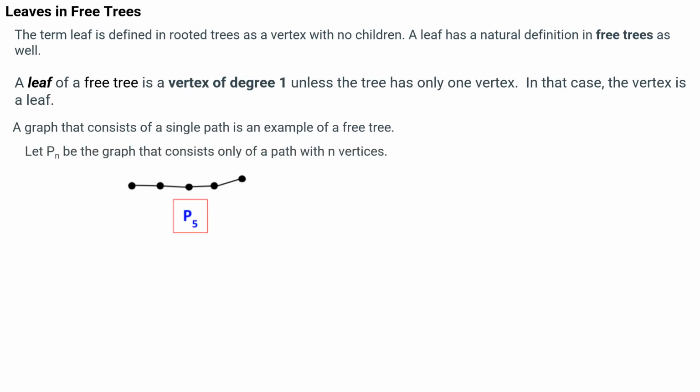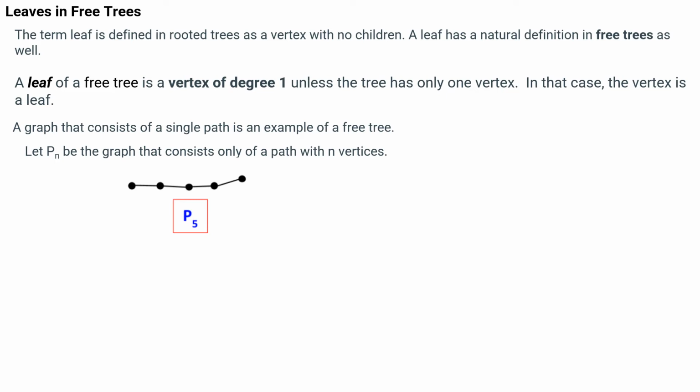So let's look here. We've got some special cases of these free trees with special names, just like we had special names when we were talking about graphs in general, like complete graphs with the capital K. Well, if we have a tree that looks like this, we're going to call this one P sub 5.